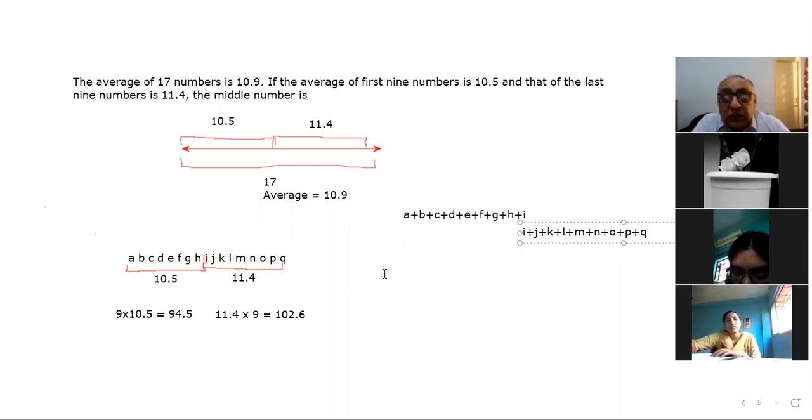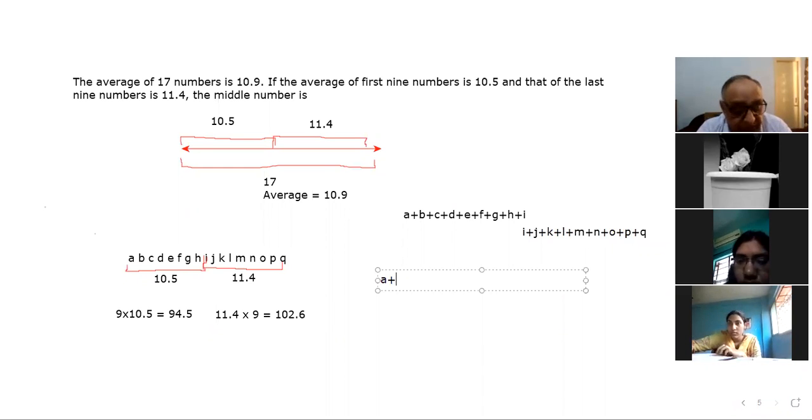So now if we add both of these, it will become A plus B plus C plus D plus E plus F plus G plus H plus 2I, one I here and one I there, so 2I. Is it clear now?